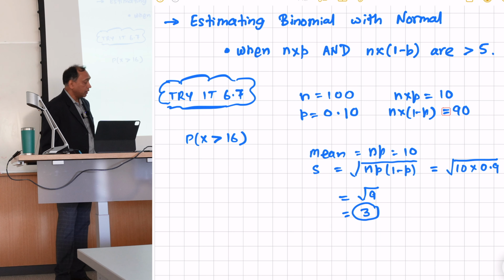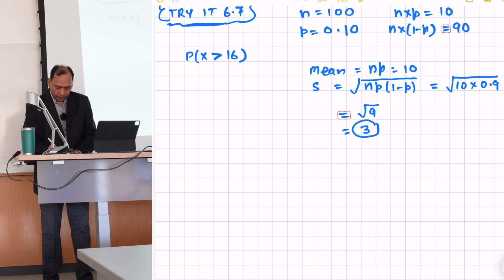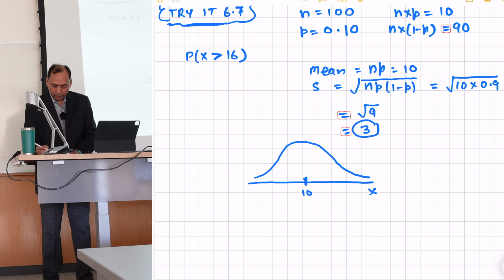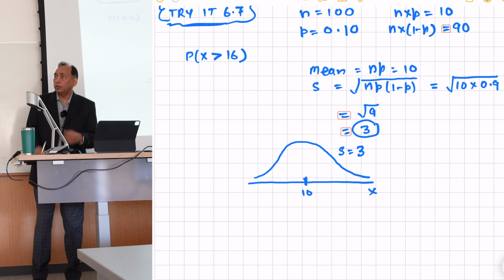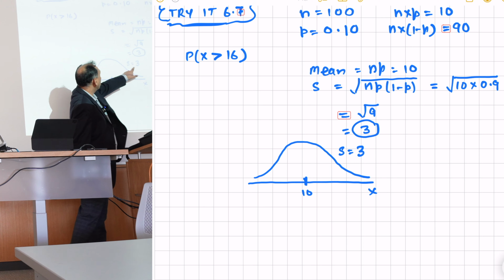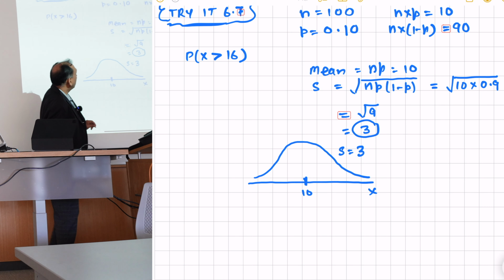So standard deviation is 3. We can capture this as a normal distribution situation. So we are starting with the situation where data is given in the form of binomial, and then we are converting it into this mean and this standard deviation using the formula for binomial.